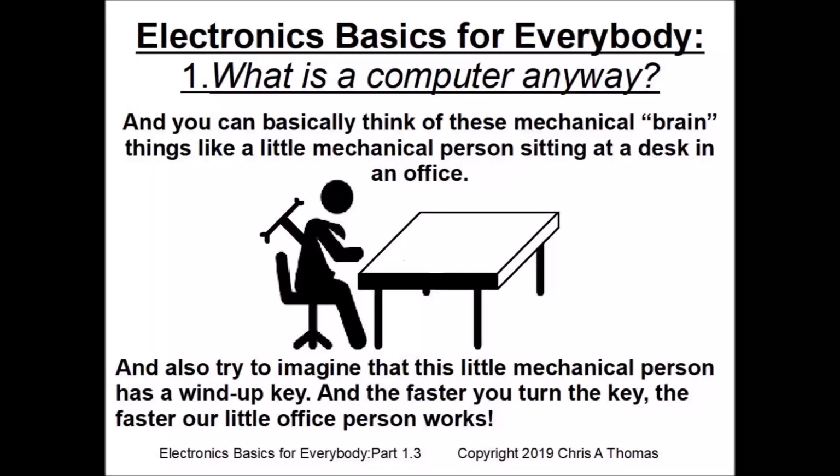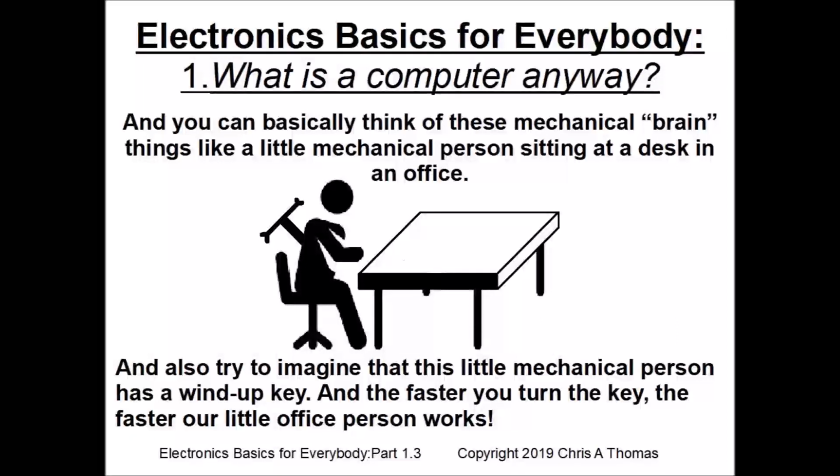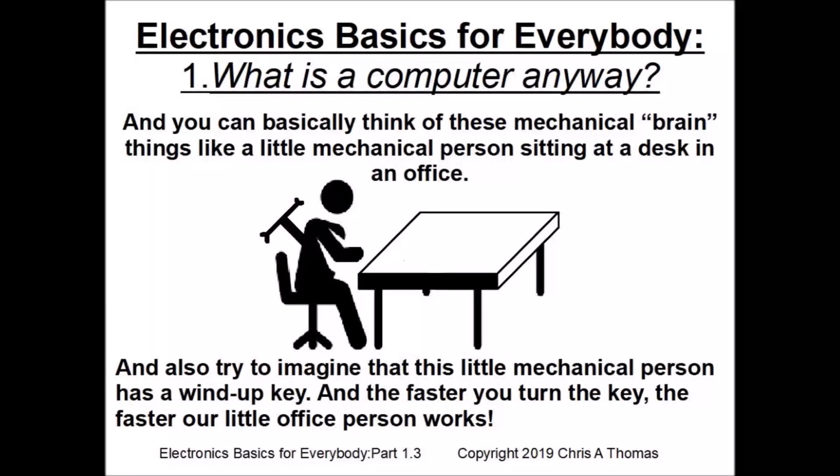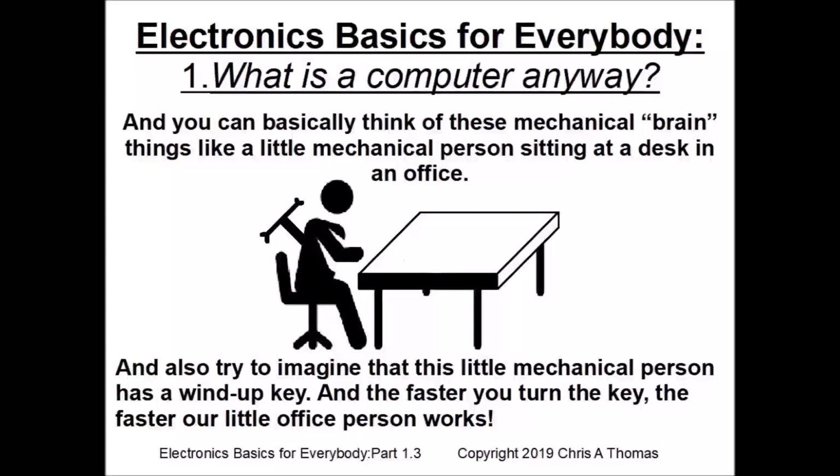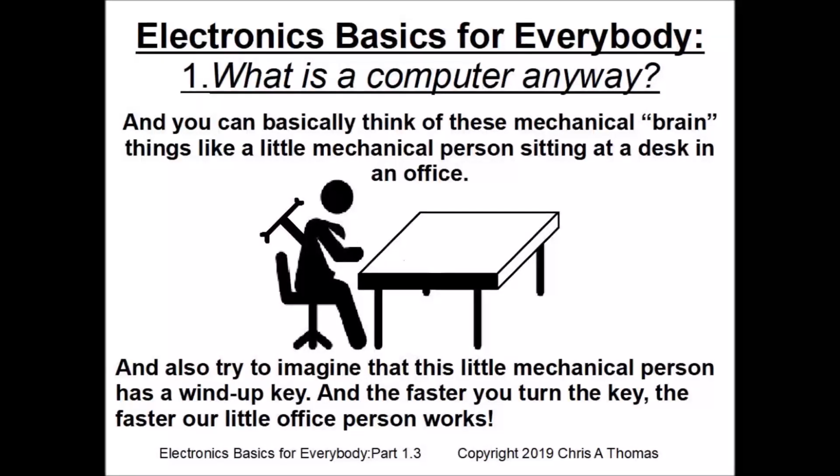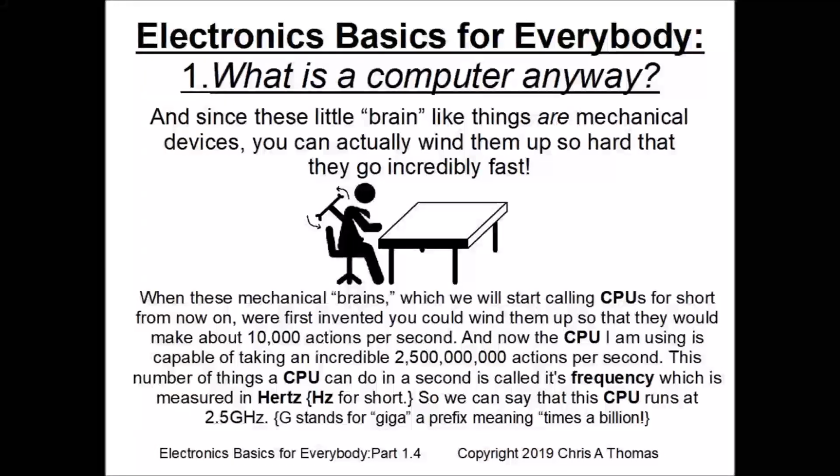And the faster you turn the key, the faster our little office person will work. And as it turns out, we can turn those things incredibly fast, incredibly hard to make our little fellow work incredibly hard these days, due to newer technologies that are out there.